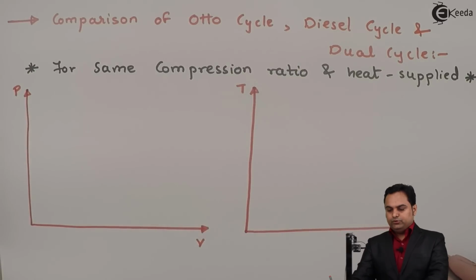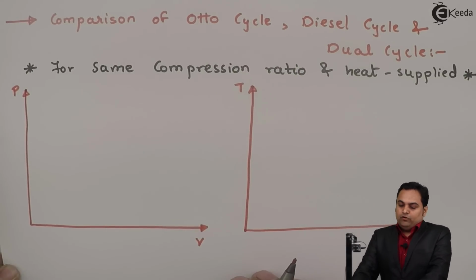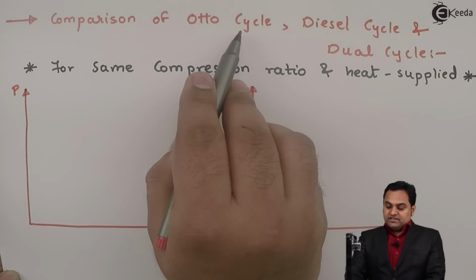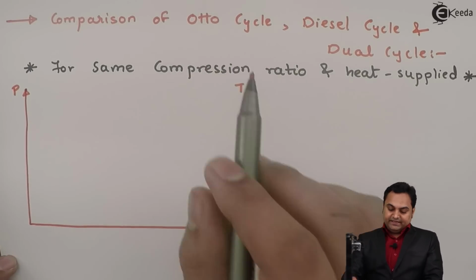So here I am going to draw the PV and TS diagram for all three cycles. Now the first cycle is Otto cycle, so I'll draw the diagram for Otto cycle.